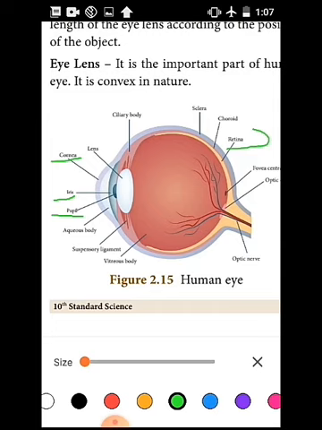Okay, the next one, where is the eye lens fixed? Yes, the eye lens is fixed between the ciliary muscles. Then what is the nature of the eye lens? Very good. The nature of the eye lens is convex lens nature because the middle part of the lens is thicker than the edges. Okay, students.